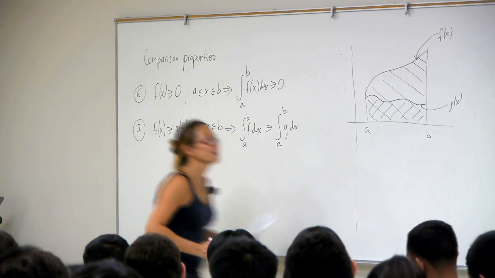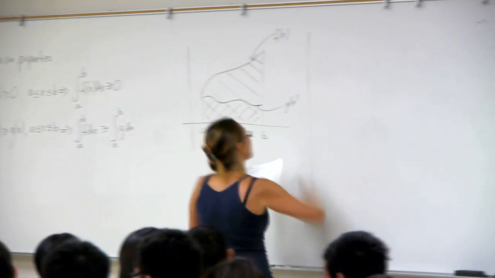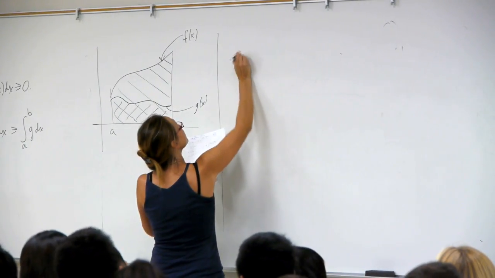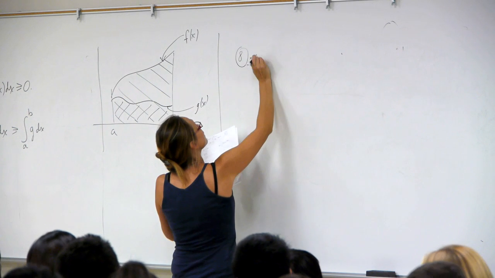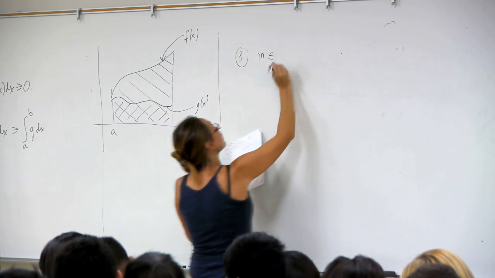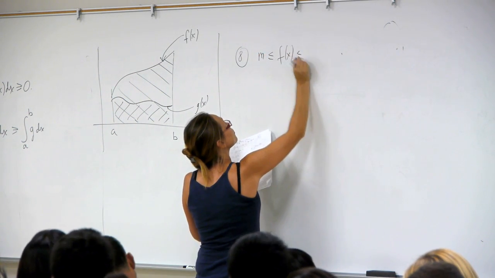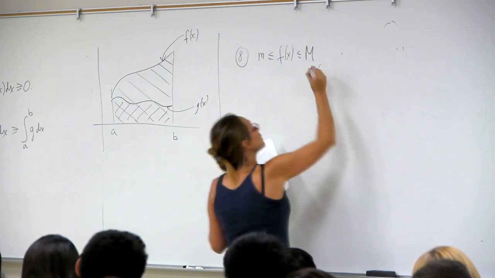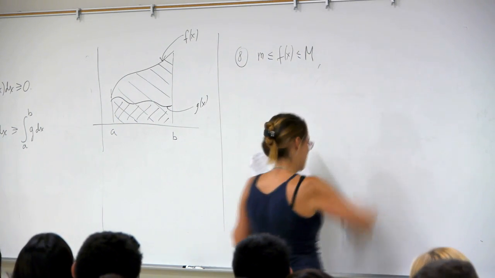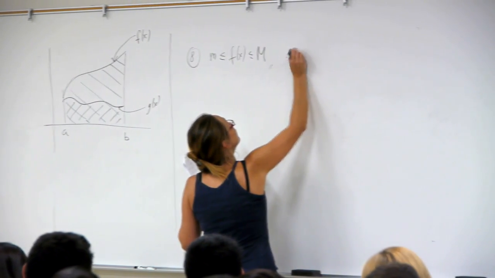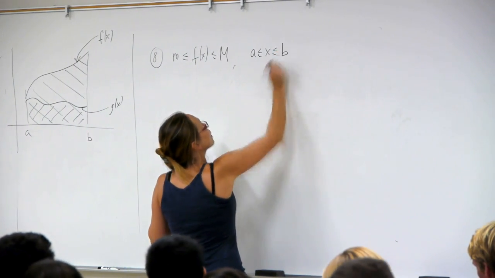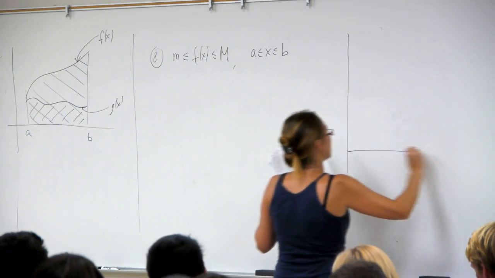Finally, the last property, property 8, is like this. Let's suppose that we have two numbers, m little and m capital, which work like this.